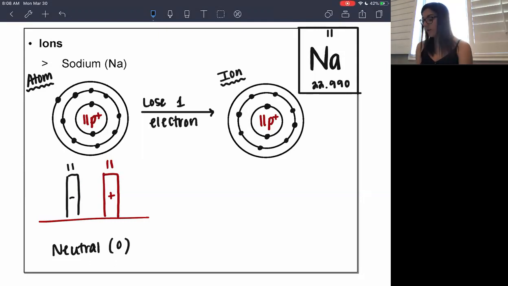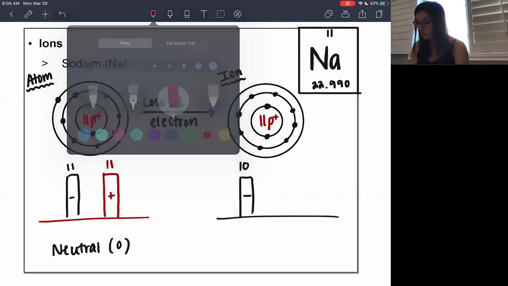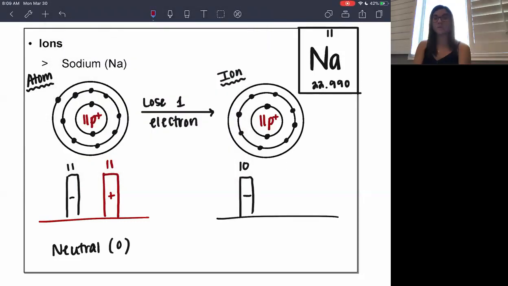But this is going to affect the overall charge of this particle. Instead of having 11 negatives, now I only have 10. But I still have all 11 protons, so I still have 11 positives. So this particle is no longer neutral. It has a net charge now because the protons and the electrons do not balance out.